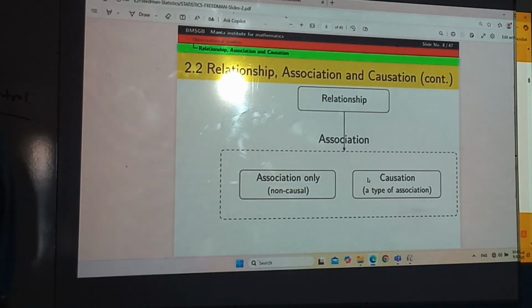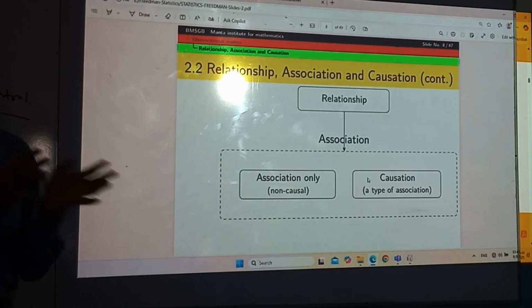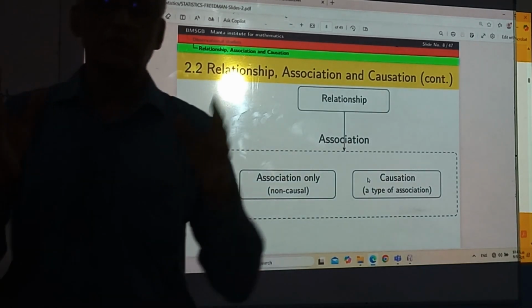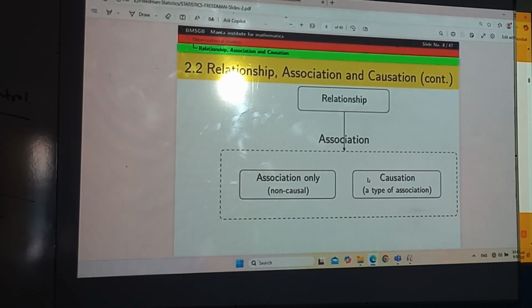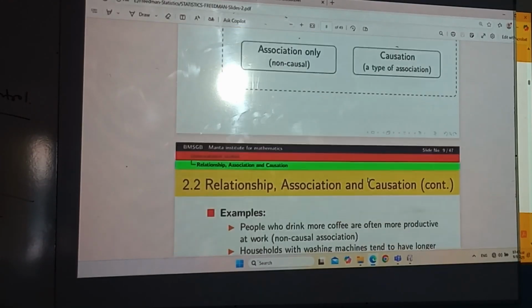In regression analysis, we include all the variables in the model, and by that we control for those confounding variables, and therefore find out the effect of the variable of interest. That kind of thing is sometimes possible if you know the confounding variables. But if there are other confounding variables unknown to us, that method will not work.